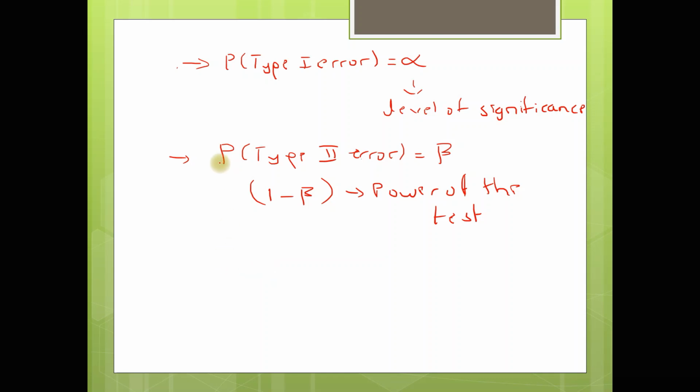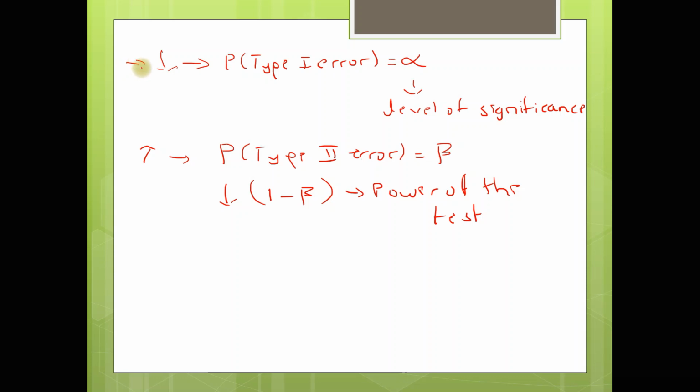Very often, when you decrease the alpha that you have here, there's a tendency for beta to increase. Now, what does it mean by a tendency for beta to increase? If you decrease alpha, the power of the test will also decrease, because if beta is increasing, 1 minus beta will decrease. So this is what happens generally.